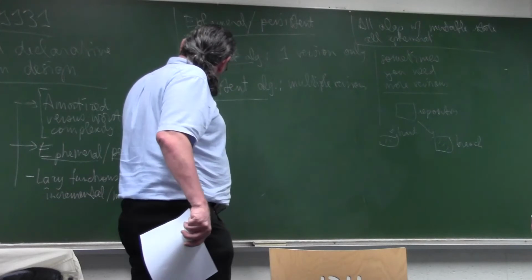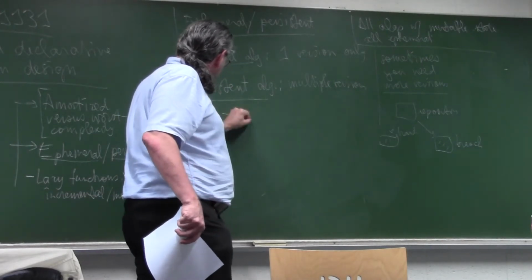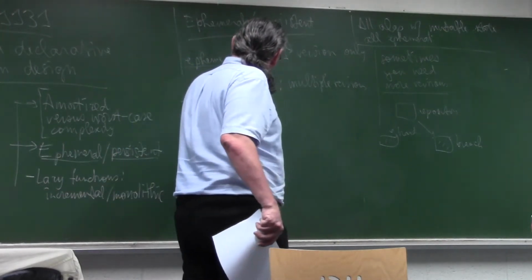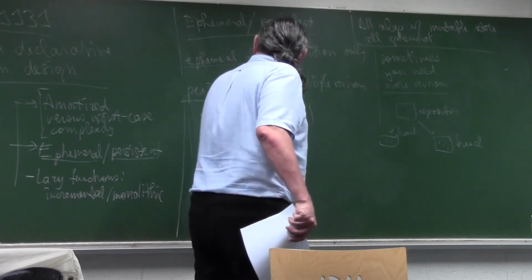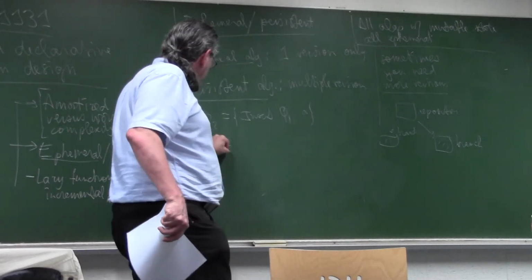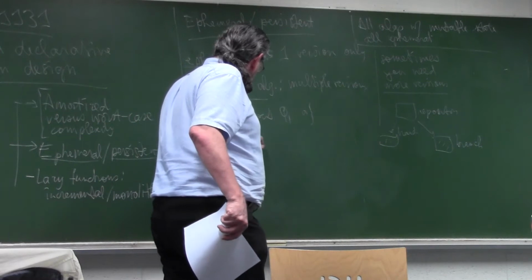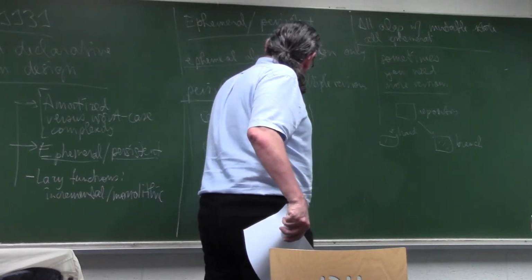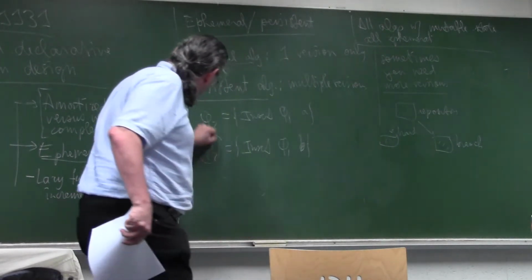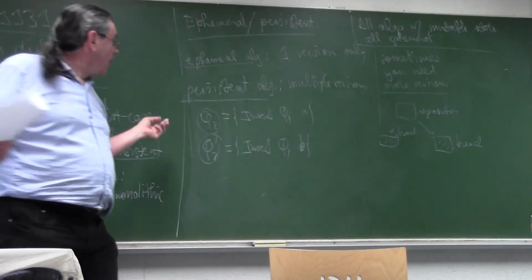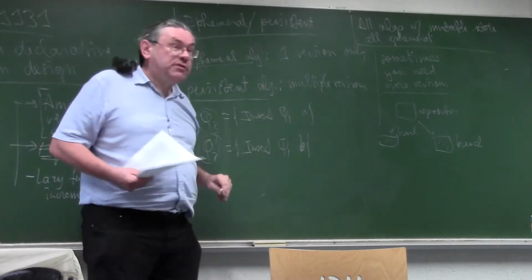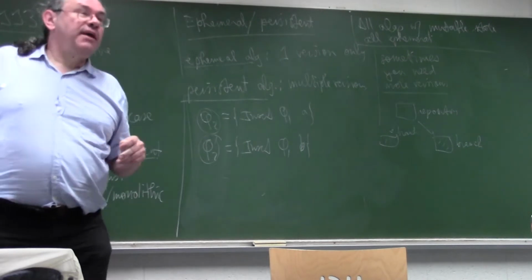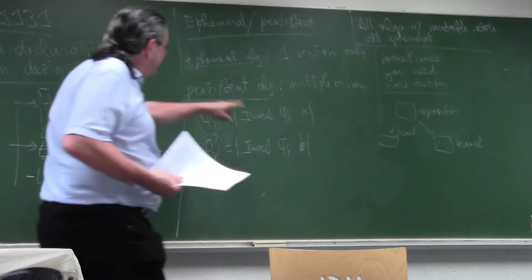So in the queue, for example, I can do Q2 is insert Q1A, but I can do Q2 prime is insert Q1B, and now I have two versions. Okay? But if the queue is implemented using state or in a naive way, you cannot do this.